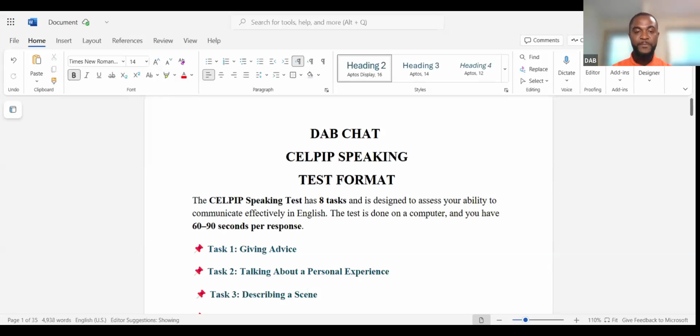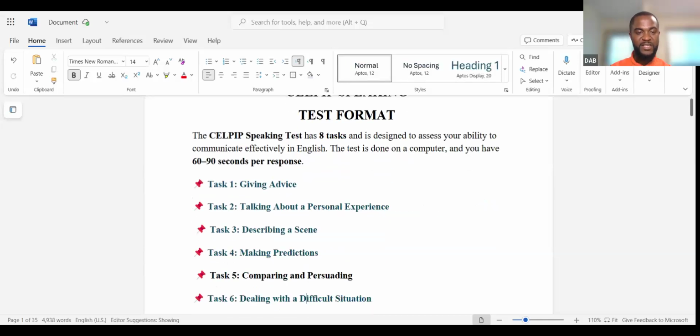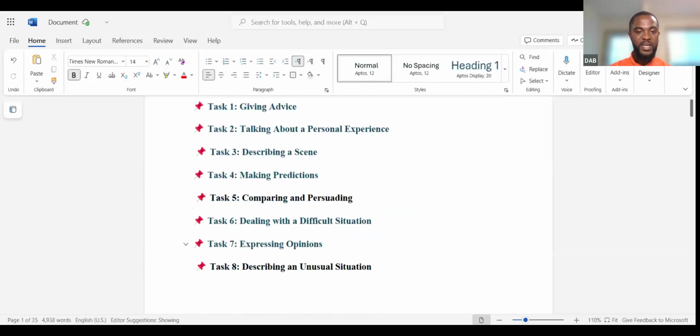So with the speaking, we have task 1, that is giving advice. Task 2 is talking about a personal experience. Task 3 is describing a scene. Task 4 is making predictions.